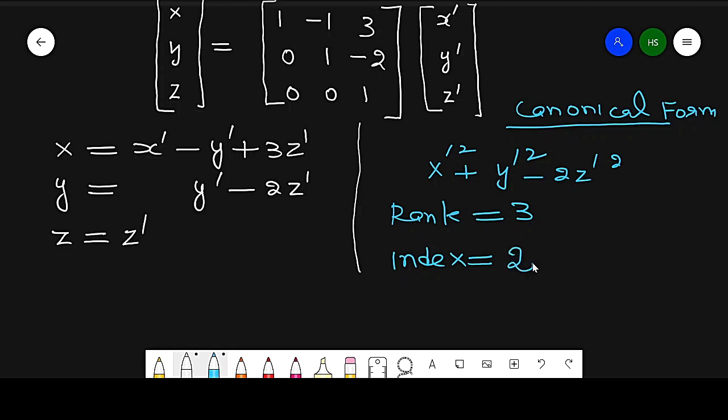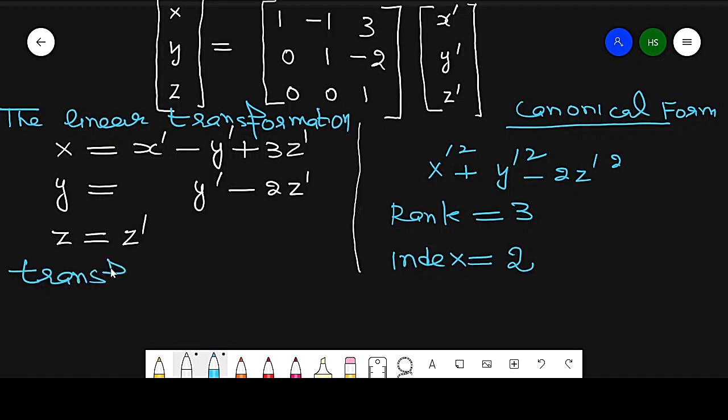So this linear transformation is transformed to this canonical form, which is equal to x dash square plus y dash square minus 2z dash square.